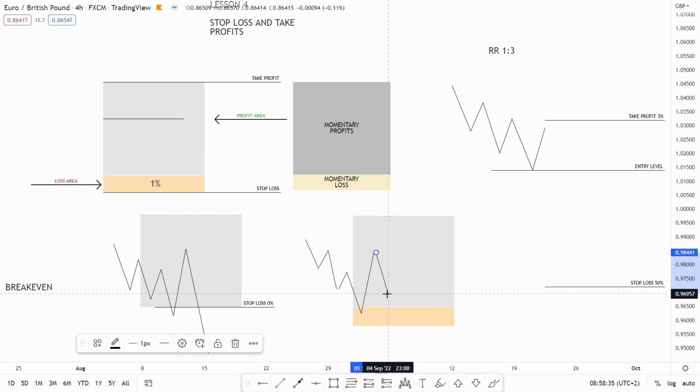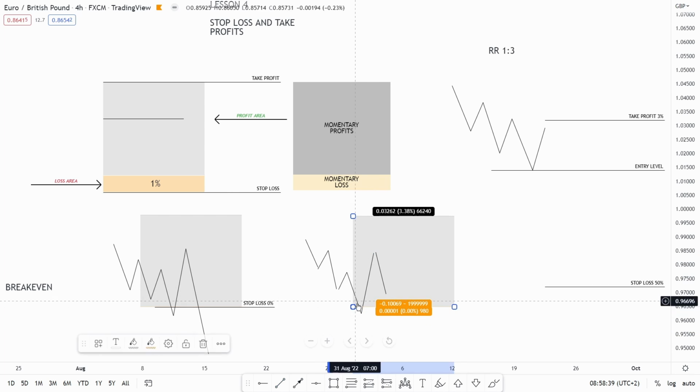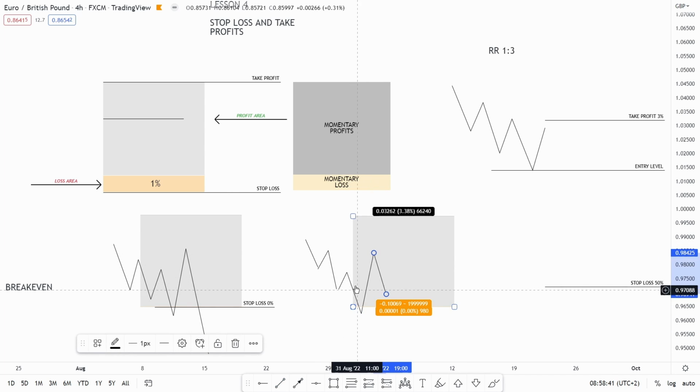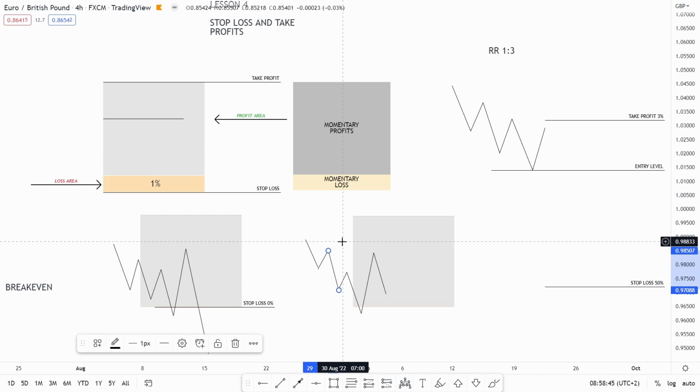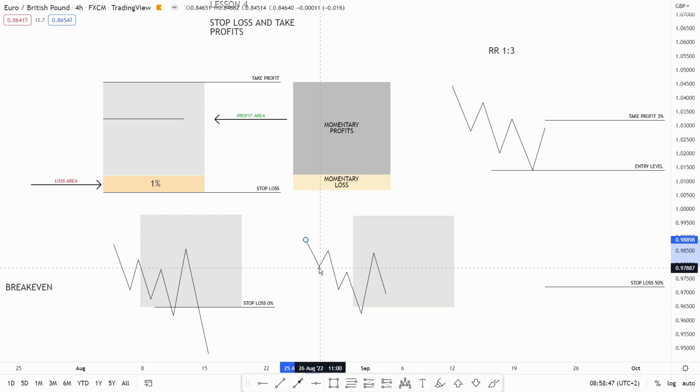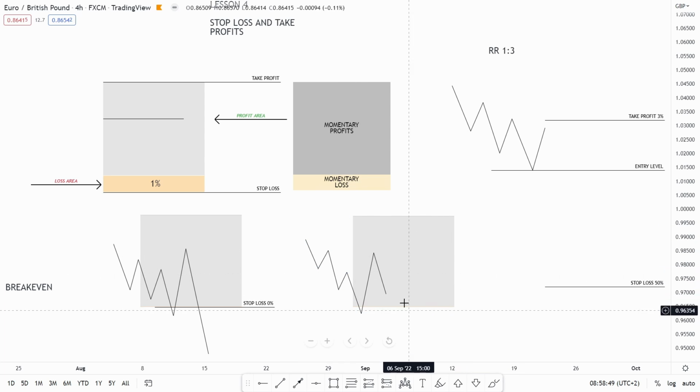Then it goes down, but it doesn't come back to our break-even level, and it goes straight up. But it still doesn't touch our take profit level.